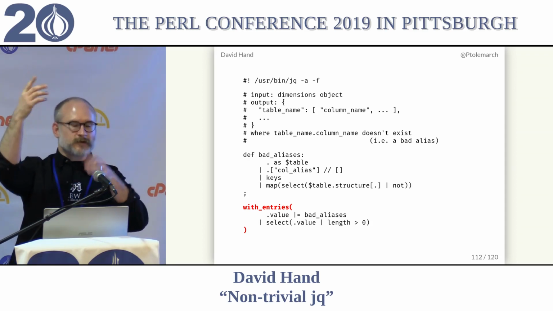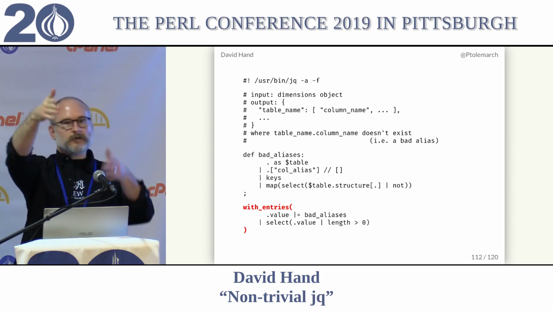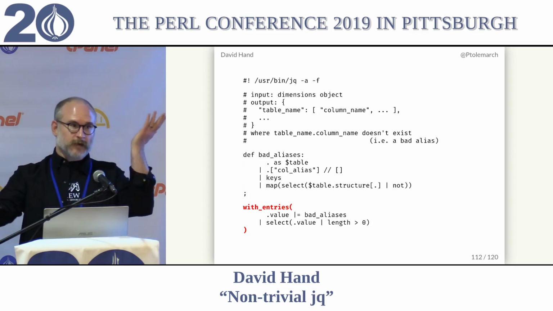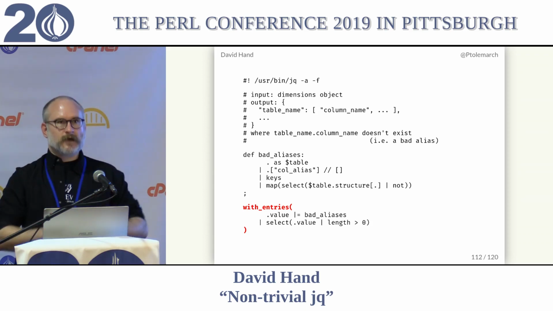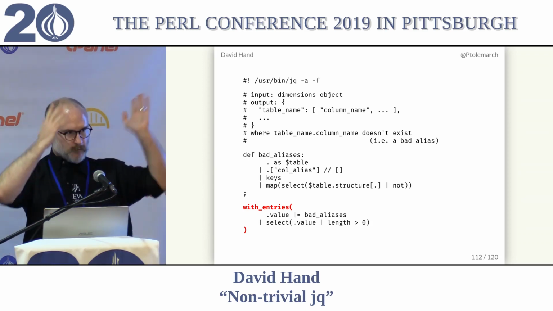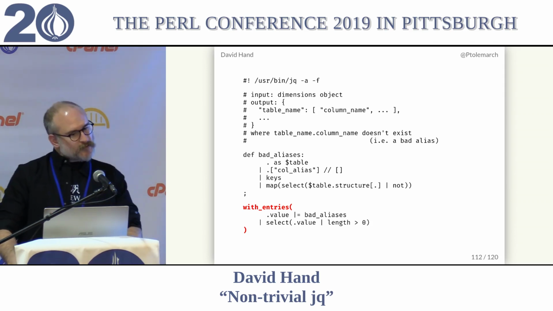If not, because I'm looking for the broken ones, pass it through. I wanted to use select, but you can't with objects because empties propagate up. So, with_entries is neat.